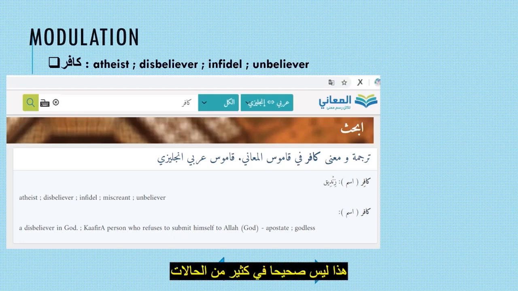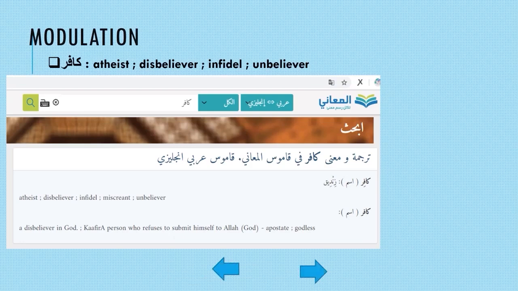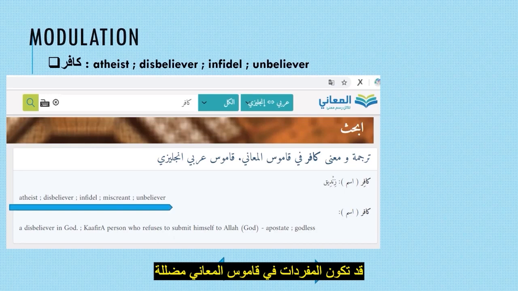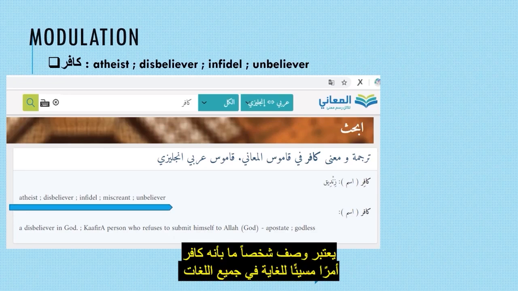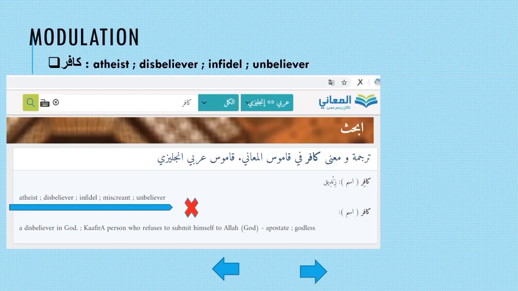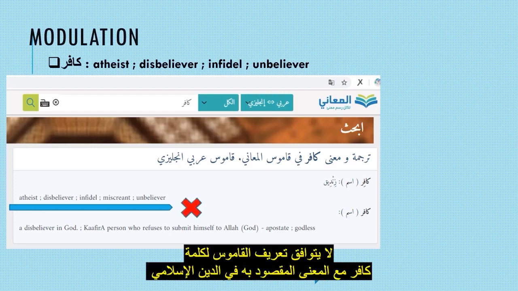This is not true in many cases. You can see the entries listed in Al-Ma'ani Dictionary are misleading. Calling someone an infidel is very offensive in all languages. The Islamic definition of kafir is not reflected in the meaning listed in the dictionary.